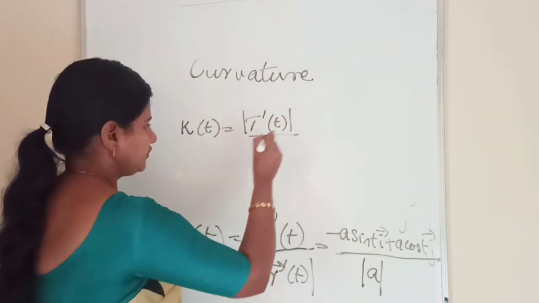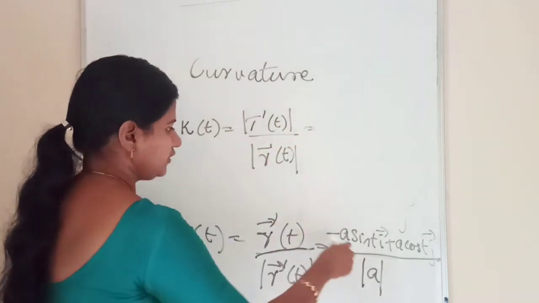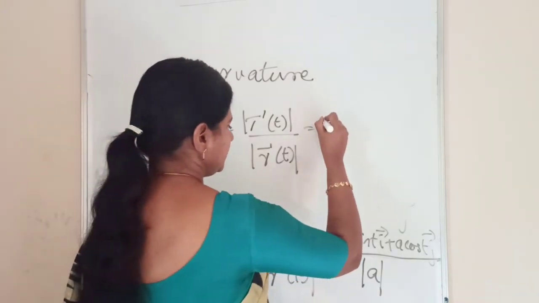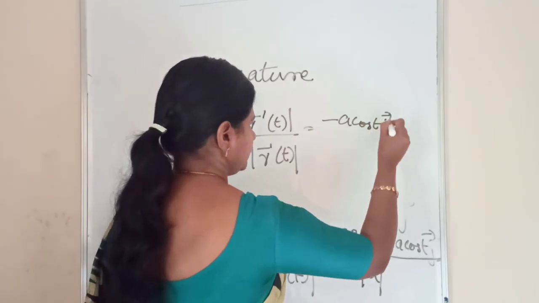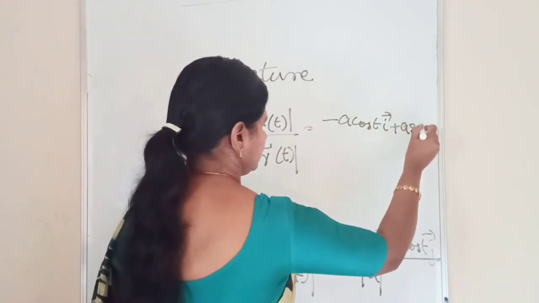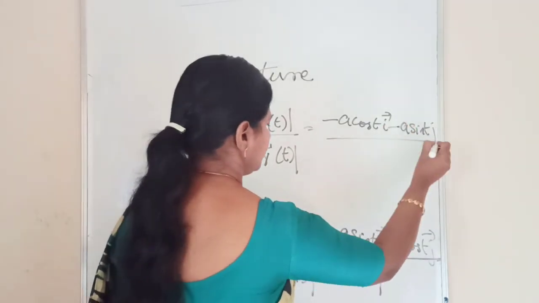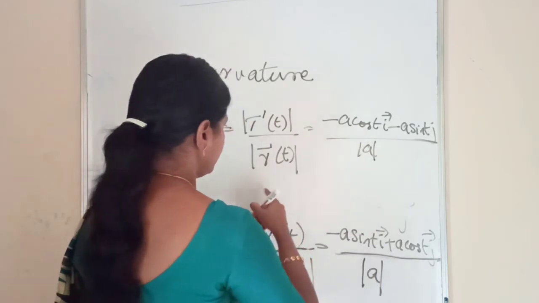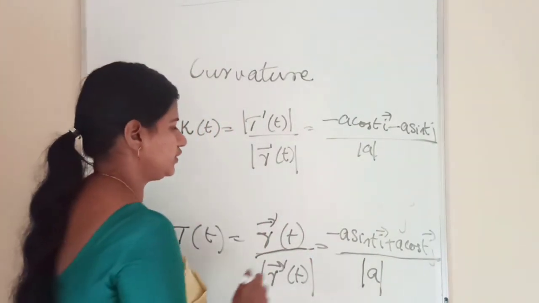And now we have kappa of t equal to the modulus of T dash of t divided by the modulus of r bar dash of t, and from here we have T dash of t equal to minus cos t i minus sin t j, divided by the modulus of a. Also the modulus of r bar dash of t is again the modulus of a.